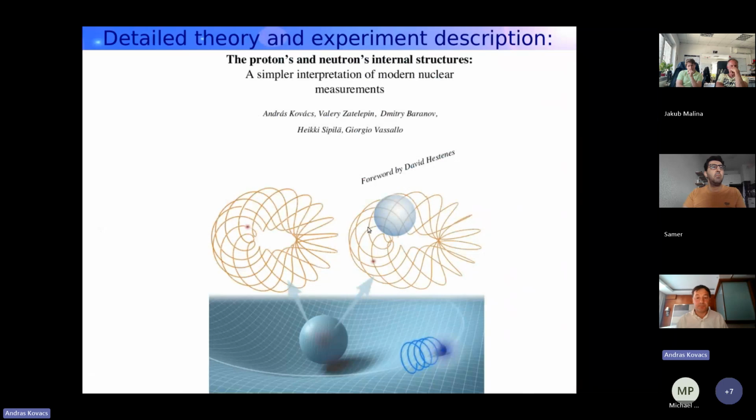So that's the summary, and now we have a quite well understood picture of both the proton and the neutron structure, what they really are, as well as the electron. The further theoretical and experimental details are described in our book, The Protons and Neutrons Internal Structures.